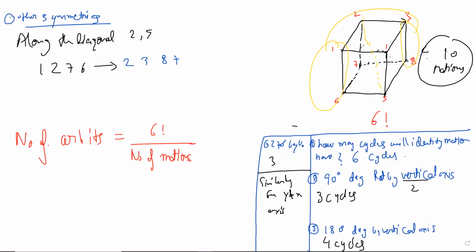No. The 2 and 5 are fixed. We are just rotating about that diagonal, right? If we're rotating about that diagonal, then yeah. Wait a minute. It's confusing. When you flip it over, this face goes to this 1276. This face is there, it goes up in space, then it goes back there, that side.